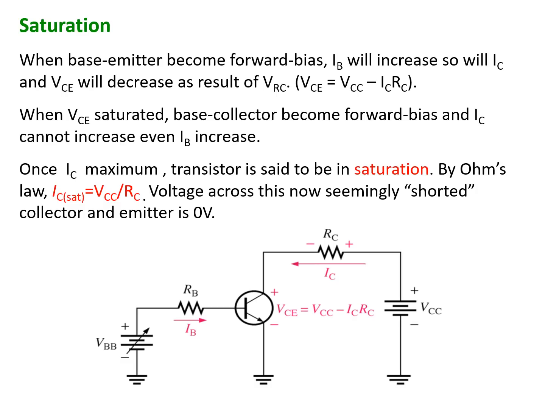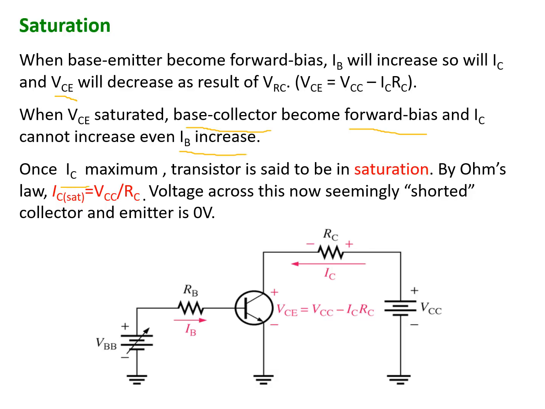Saturation region. When base emitter becomes forward biased, IB will increase, so will IC, and VCE will decrease as a result of RC. When VCE is saturated, base collector becomes forward biased and IC cannot increase, even if IB increases.